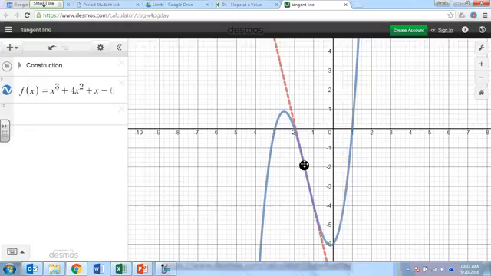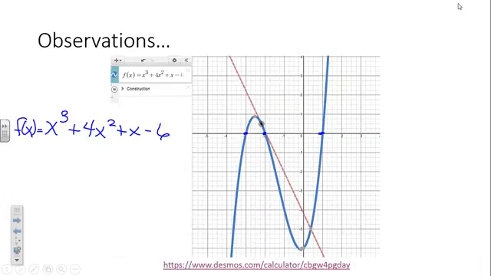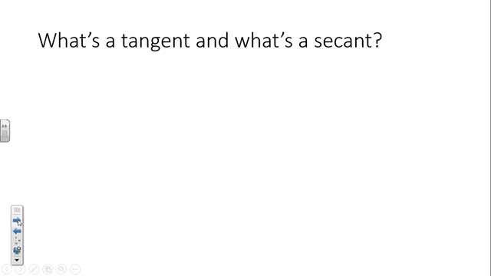So let's go back to our slide here and talk about what's a secant and what's a tangent. These are terms from last year in geometry. Okay. Anybody remember what a secant was and what a tangent was? Not so much in the pre-calculus version of it, but what in general was a secant and a tangent?